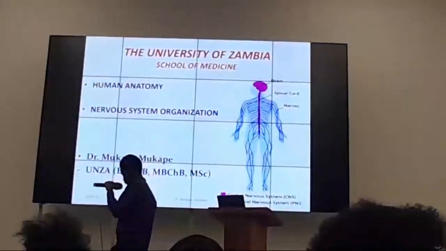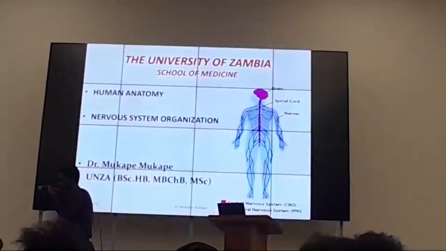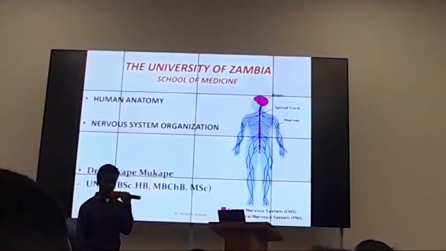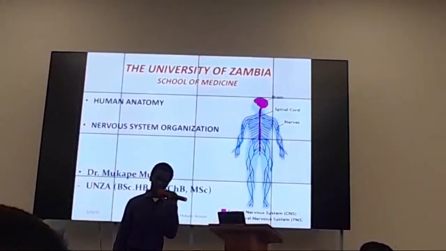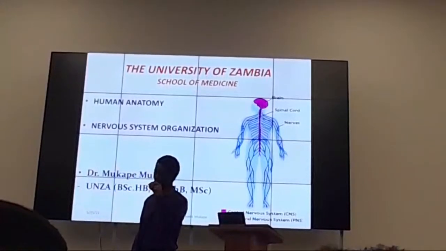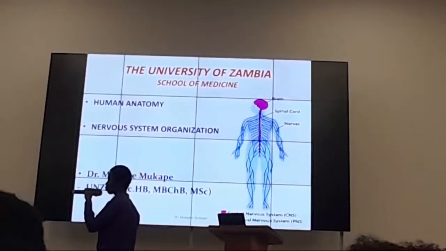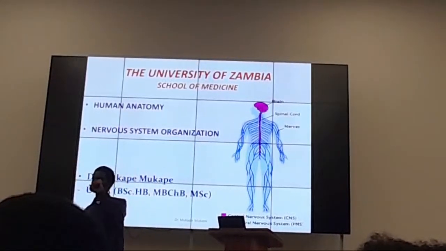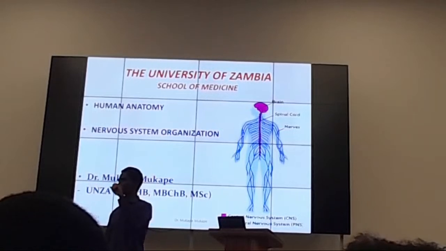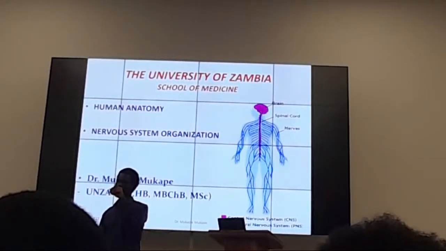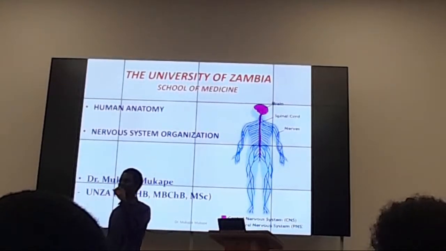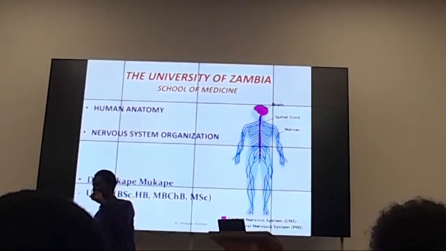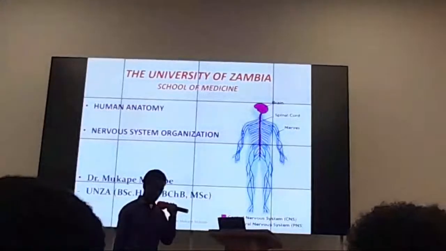Now the efferent division, we can further subclassify that one, the efferent division or motor division. How can we subclassify it? Autonomic and somatic division.